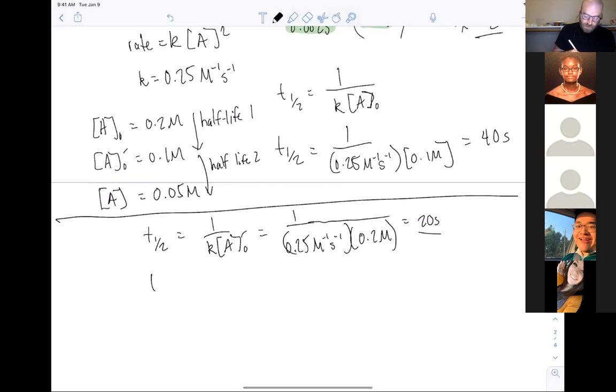Let's see. So let's say we do want to find T1 half, and let's say our initial concentration is something really different. So we're going from 0.2 to 0.1. To go from 0.1 to 0.05, what happens if we go to 0.05 down even further?